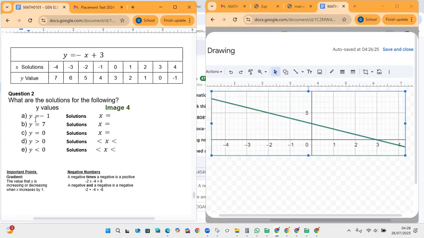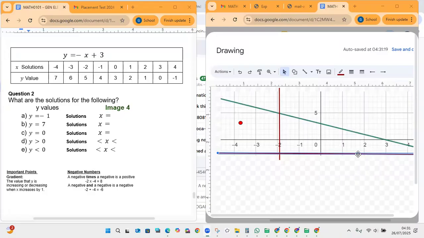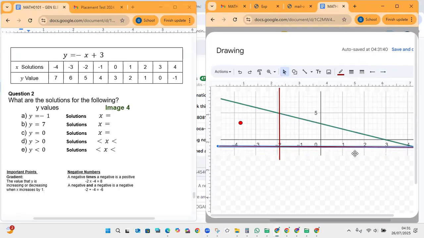Now, when y is equal to -1, all right, we're looking for y = -1. What is the value of x? So let us use this line to first locate -1 on the y-axis, the vertical axis. So here we are. We're on the negative side of the vertical axis, and we're going to locate -1.